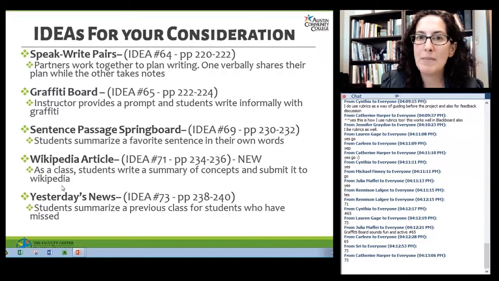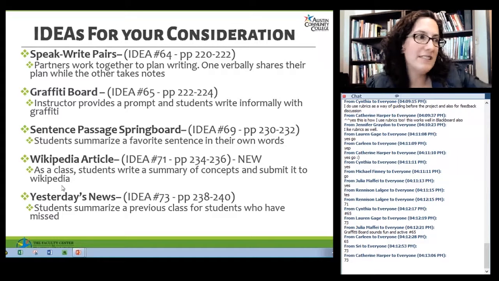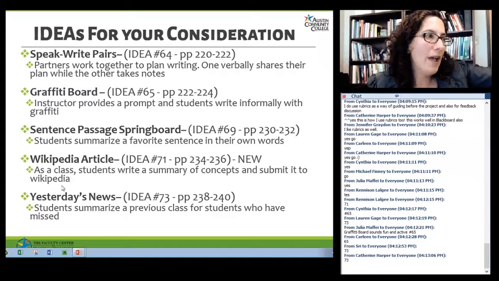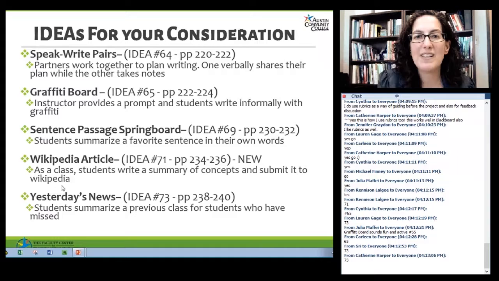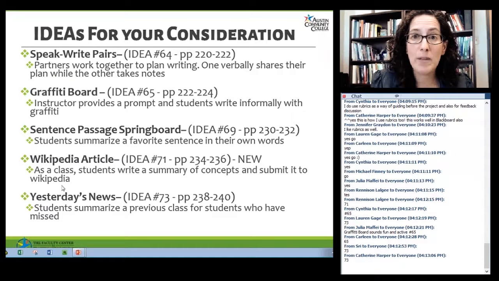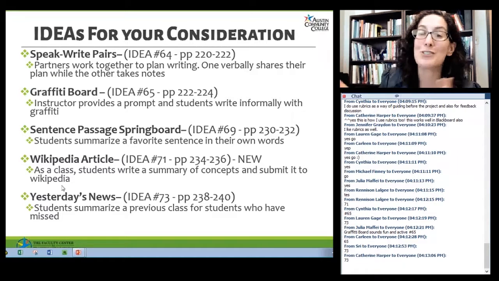Now, I'm not saying it's always the best resource for research papers, but if you show students a Wikipedia article and you can see that they have to provide headers and they have to provide resources, you can put students in groups and get them to create their own Wikipedia articles on stuff you've taught them in class. You can either do this with an eye towards actually submitting to Wikipedia, or to create your own classroom wiki that you can then save and use in future semesters. So it's kind of a cool thing to do.